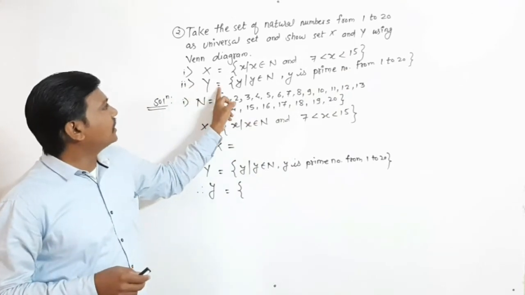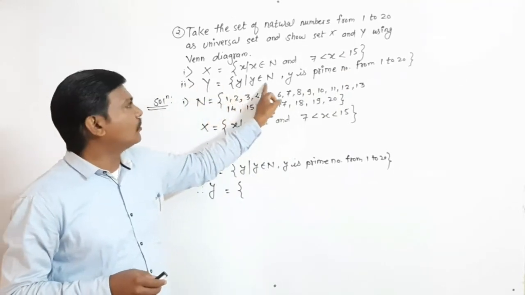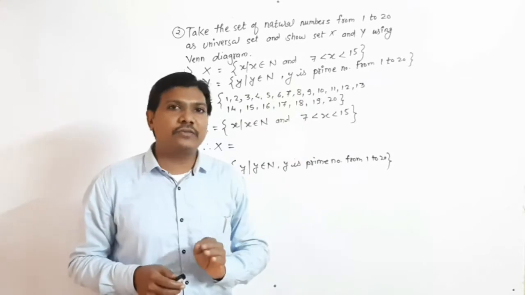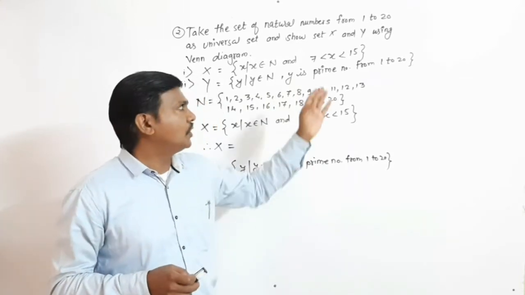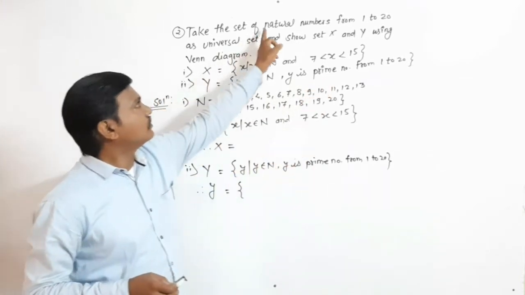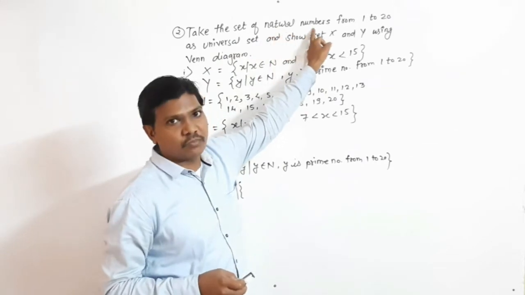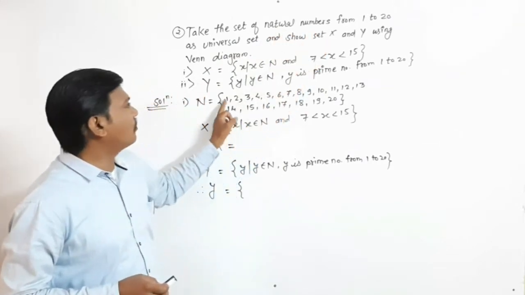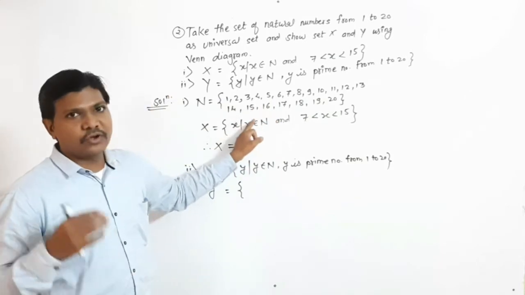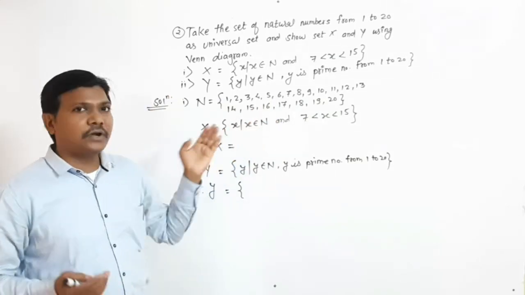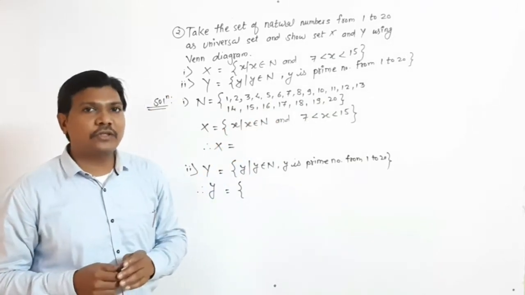Second, Y is the set of all y such that y belongs to N and y is a prime number from 1 to 20. So first we take the natural numbers from 1 to 20 as the universal set. Then convert X and Y into the listing method.